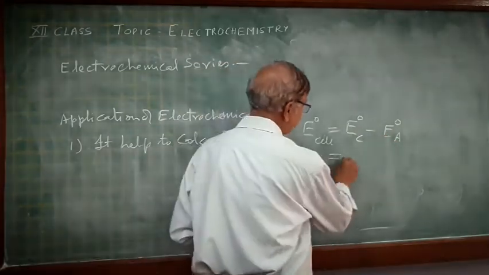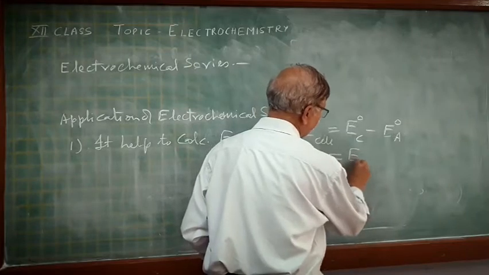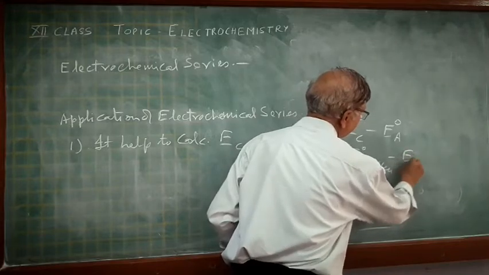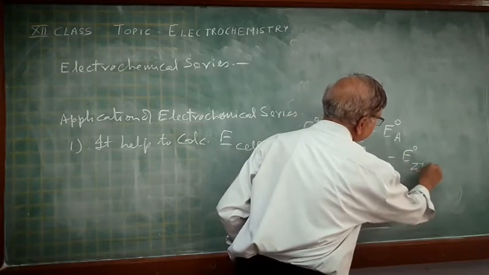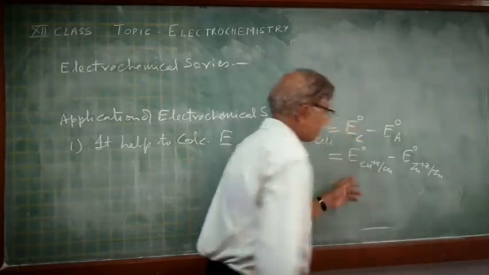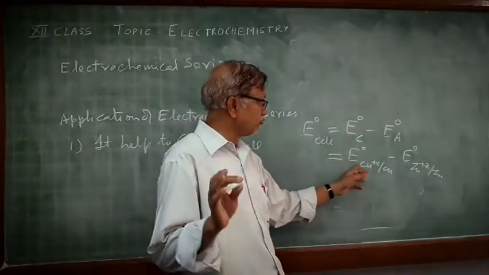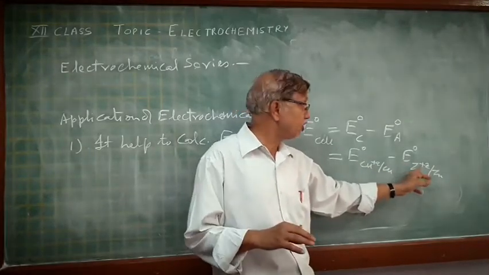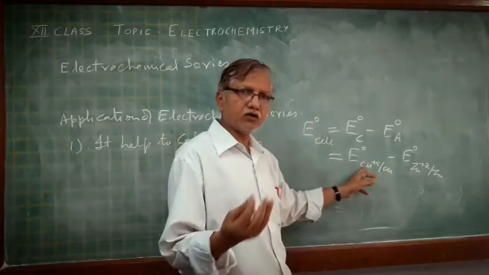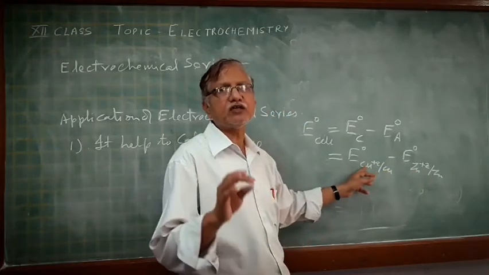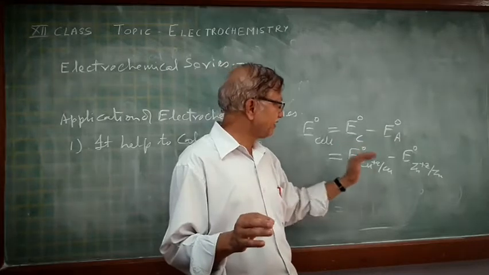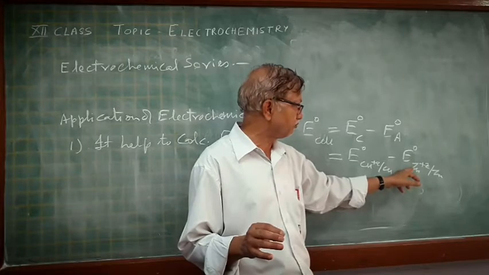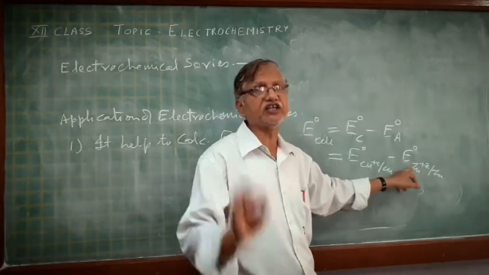So here E cell equals E0 cathode, which is copper, so E0 copper, minus E0 anode, which is zinc. Again I will explain one more important thing. Though the zinc electrode undergoes oxidation, we write it in the form of reduction. Copper undergoes reduction, and it is written in the form of reduction, because in the electrochemical series all the values are reduction potentials.